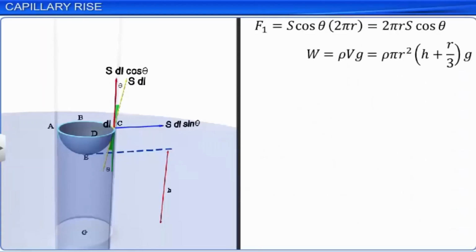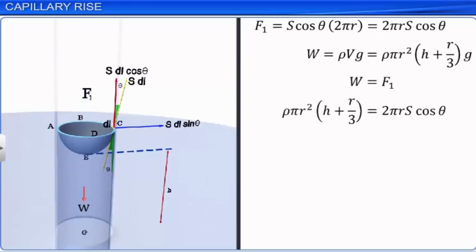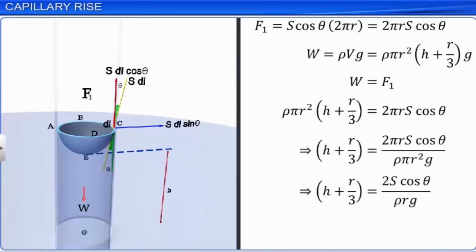As the liquid is in equilibrium, the total downward force, which is the weight, is equal to the upward force, which is F1. Equating the two and simplifying for height h, we get h equal to 2S cos theta by rho r g minus r by 3.